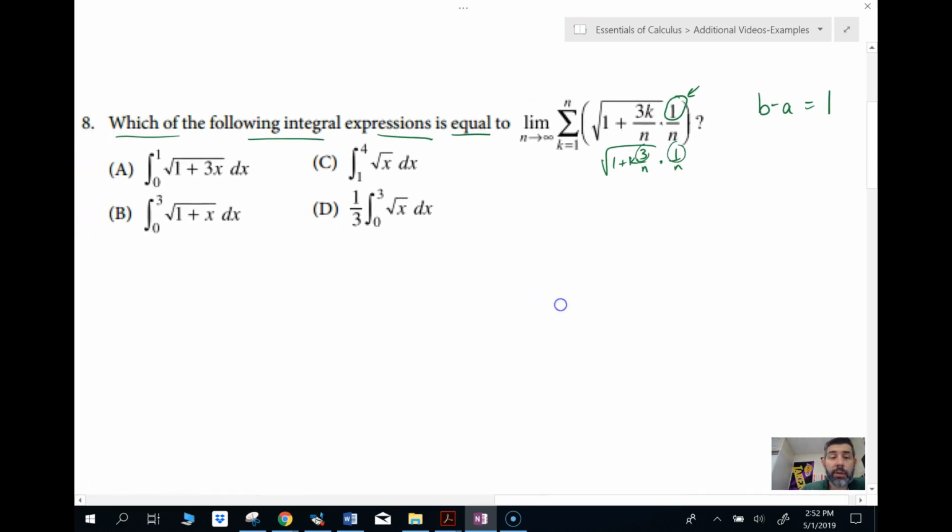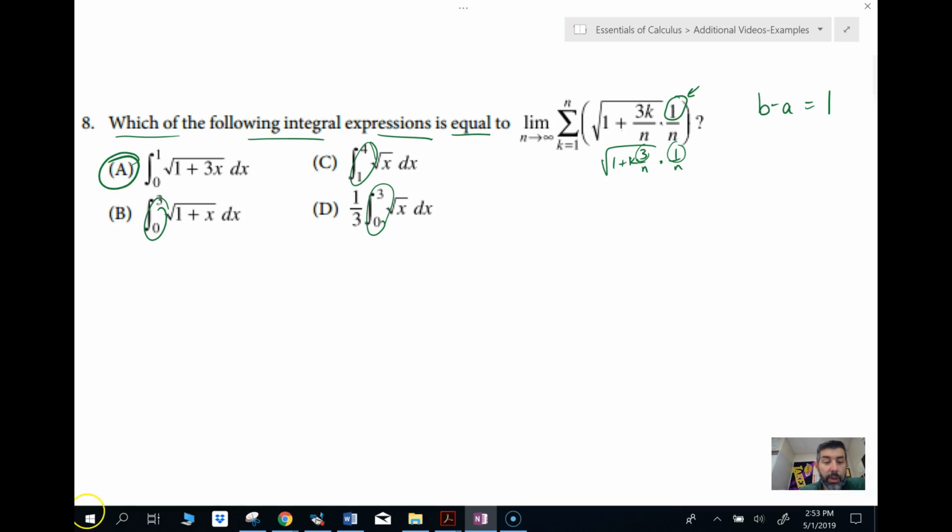So that's going to help us, actually, because it's going to narrow it down to one possible answer, which is the only one in which our b minus a is equal to 1. Well, this is 3, this is 3, this is 3, this is 1. So the only answer here is a. So that's really one way we can do it.